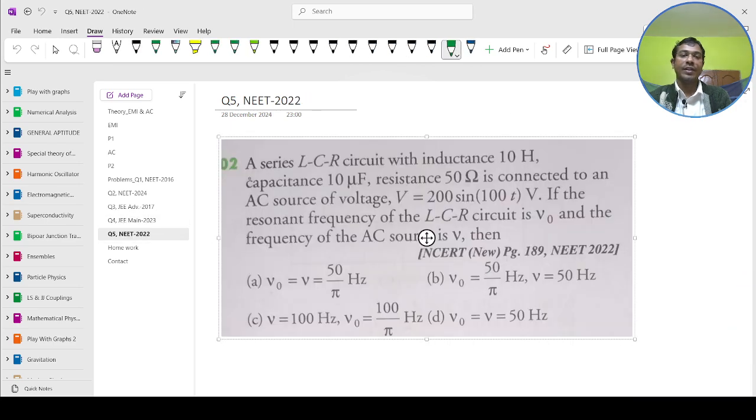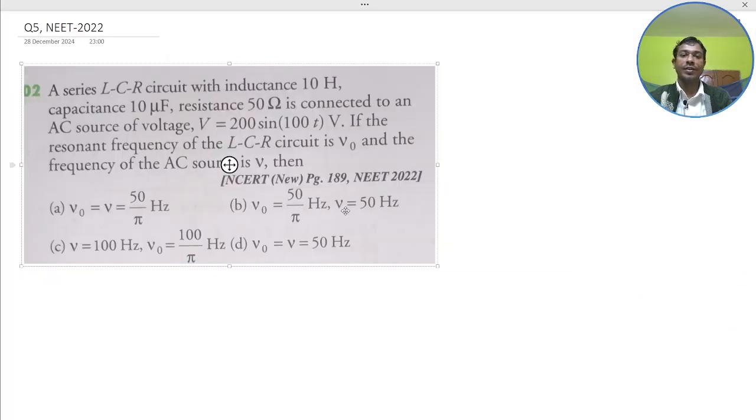Next one is the NEET 2022. That's saying a series LCR circuit with given inductance 10 Henry, capacitance 10 microfarad and the resistance 50 ohm is connected to an AC source of voltage V equal to V naught sin omega t. You have to find the resonant frequency.